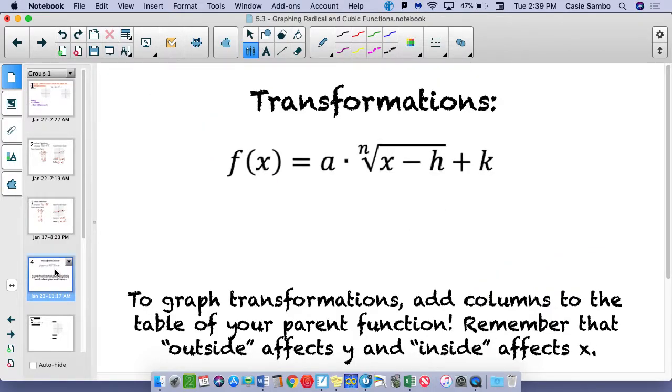Just like before, we're going to talk about the transformations on them. This a value is still going to do a vertical stretch or shrink. It could also do a reflection.